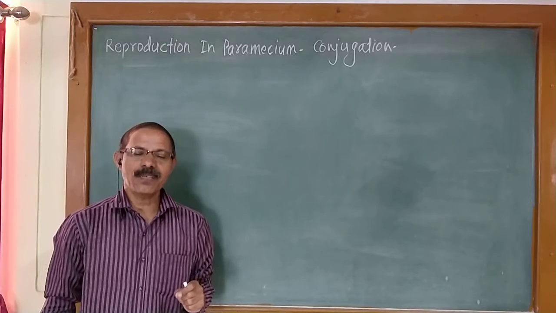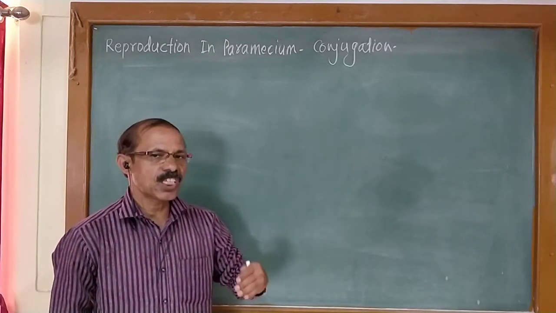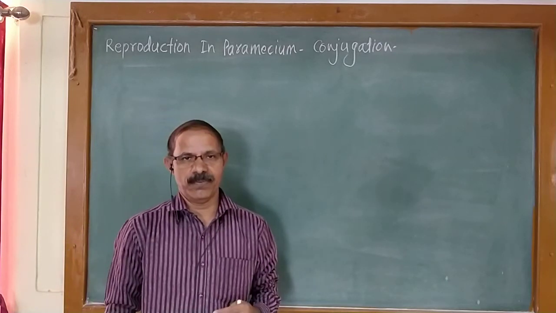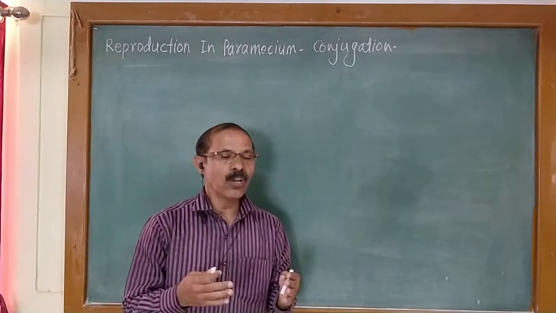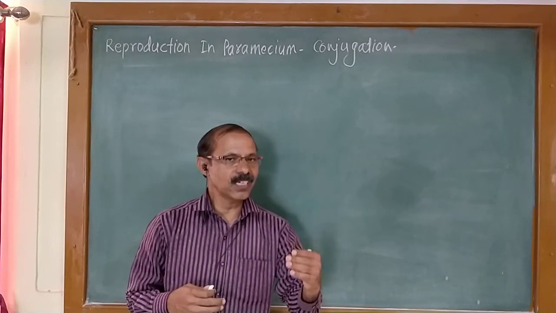Conjugation is a mode of sexual reproduction. In paramecium, conjugation takes place after successive binary fission. When the colony becomes old, for rejuvenating the colony, conjugation takes place.